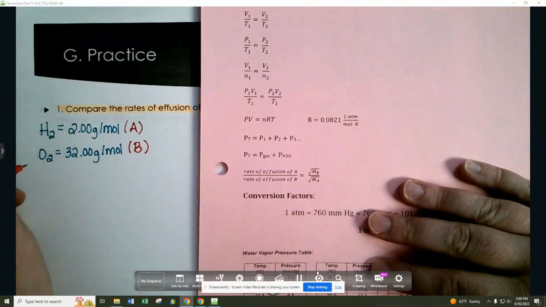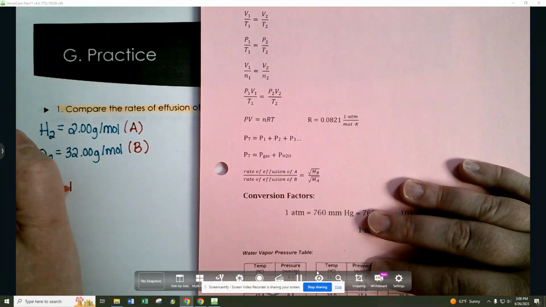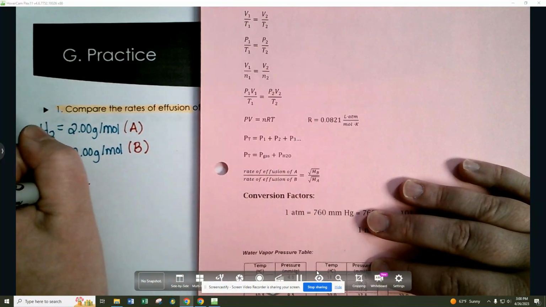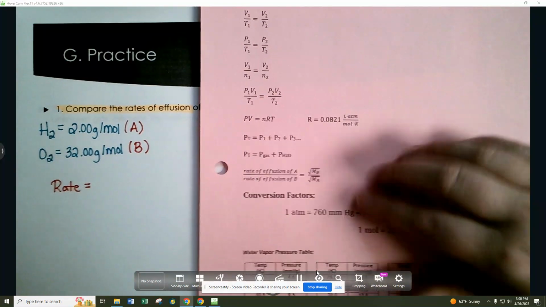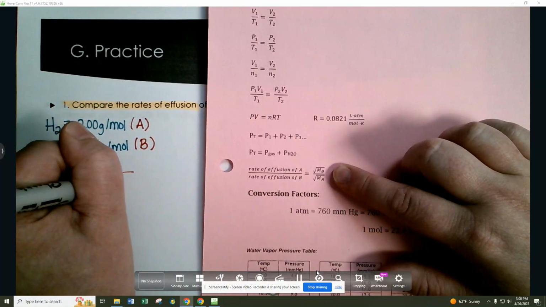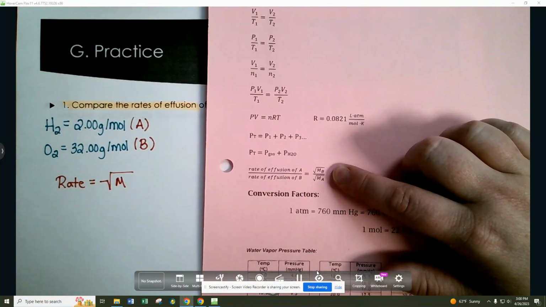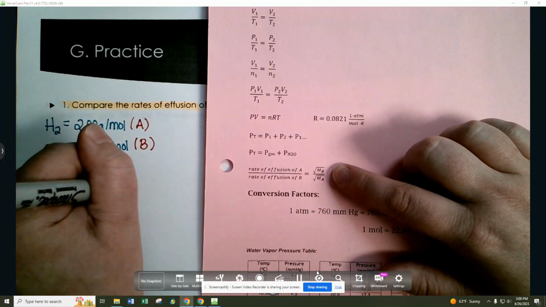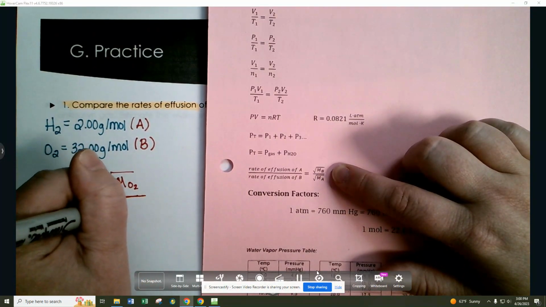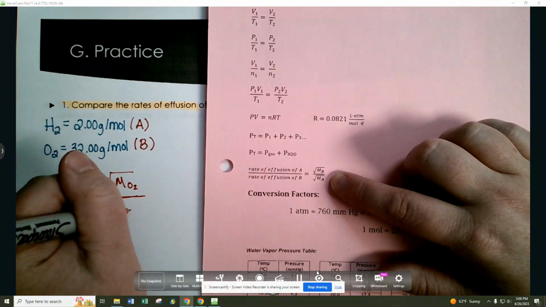So I'm just going to put rate instead of writing this all out. We're going to just write this as rate is equal to. And I'm going to go ahead and write this formula out where it's the square root of the molar mass of B, but instead of writing B, I'm going to swap that out with the chemical formula of oxygen, over the square root of the molar mass of A, which is the light gas, which is hydrogen.